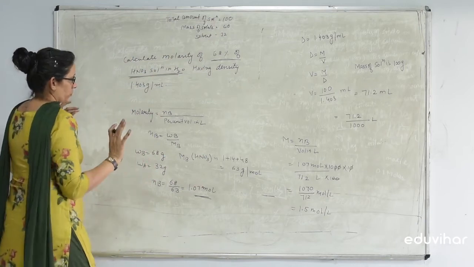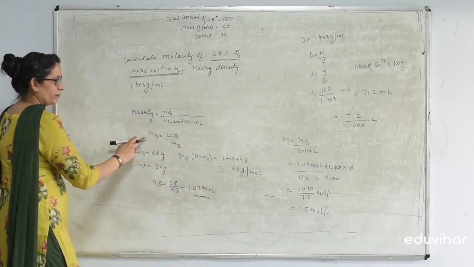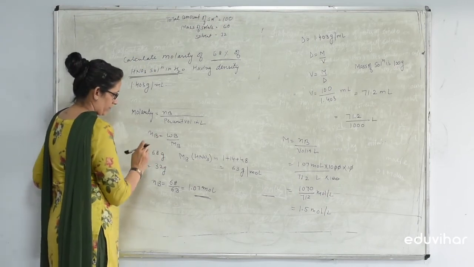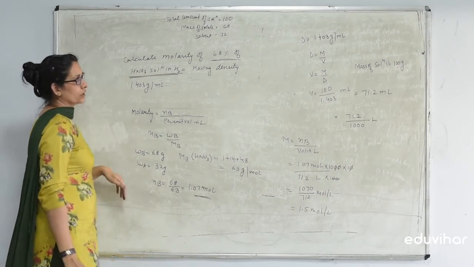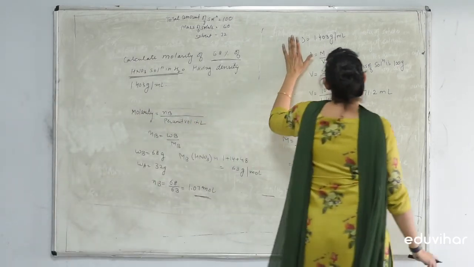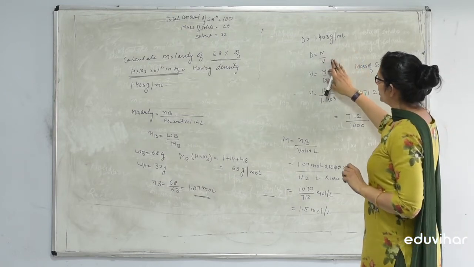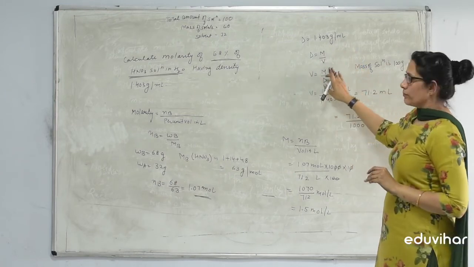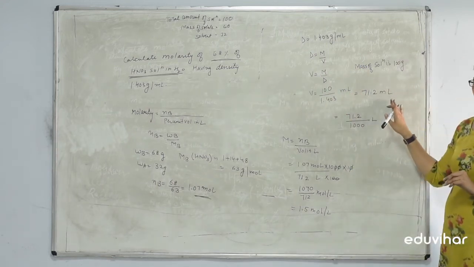Is it clear? Okay. The molarity is equal to number of moles per unit volume. nB is equal to WB by MB. We can calculate nB is equal to 1.07 mole. To calculate the volume, we have only density. As we know, density is mass per unit volume, so volume is equal to mass per density. Volume becomes 71.2 milliliter.